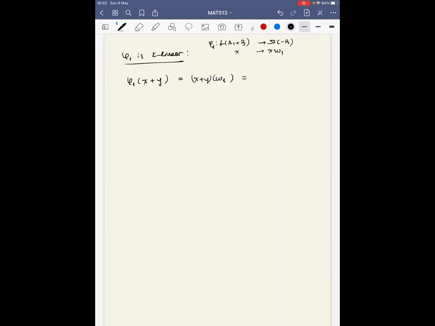we want to verify the linearity. Indeed, if we consider again the definition of the multiplication of a Weyl differential by a function x plus y, this is going to be again a Weyl differential by the definition of this multiplication.